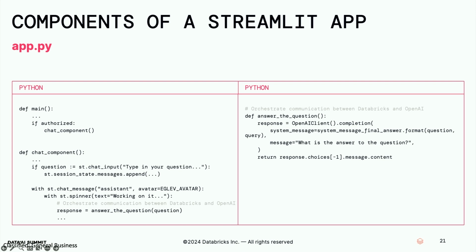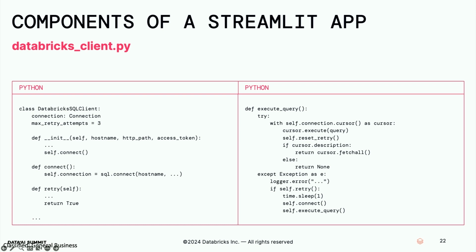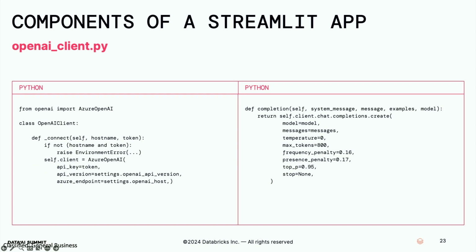Finally, of course, we also need to connect to Databricks. For that, we've just written a Databricks client that uses the Databricks SQL connector and then sends SQL statements to Databricks and then collects the answer back for us. Oh yeah, and I forgot the OpenAI client. We also need that, so we need to connect.